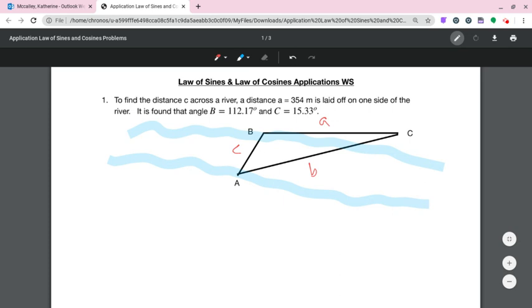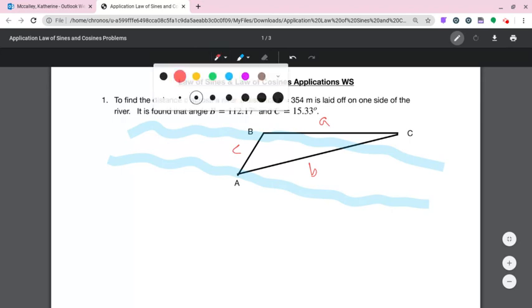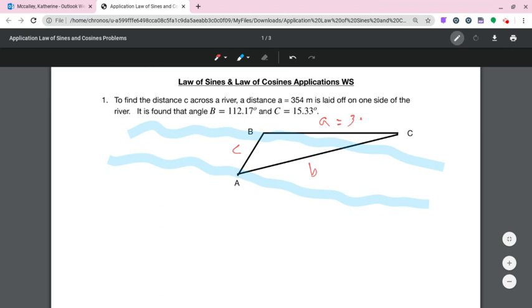Okay, there's my river. A distance A, which is 354 meters, is laid off on one side of the river.